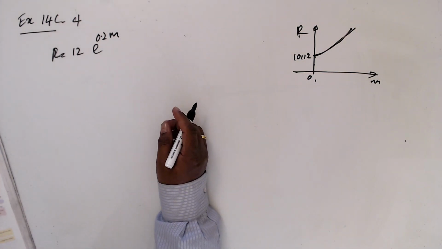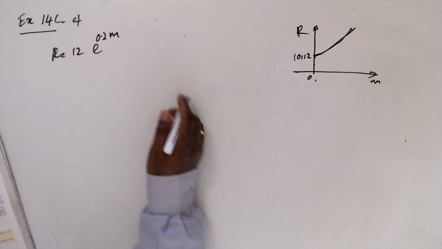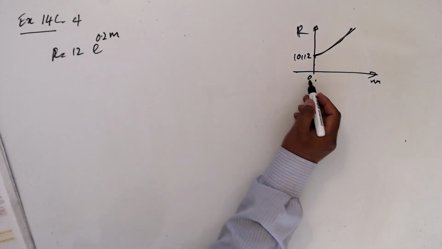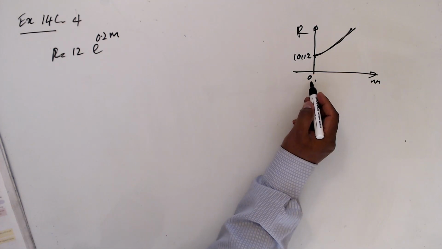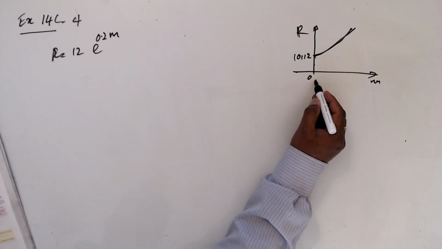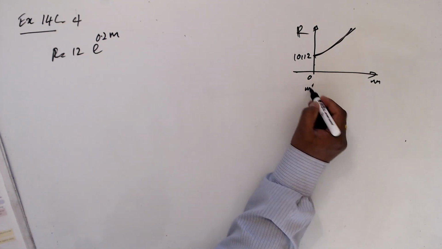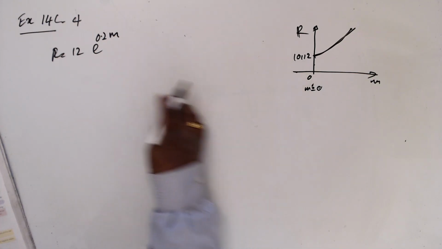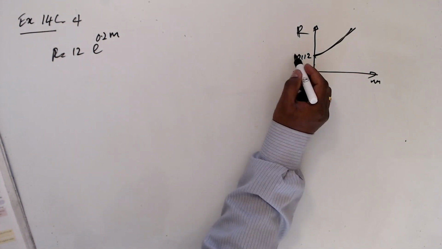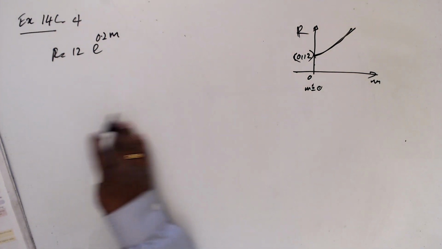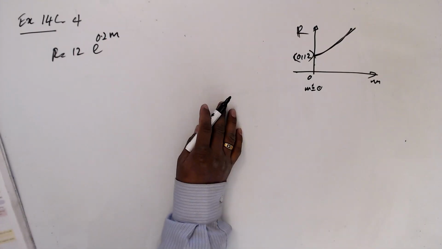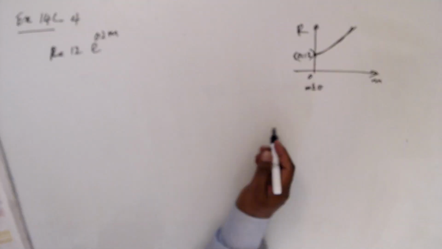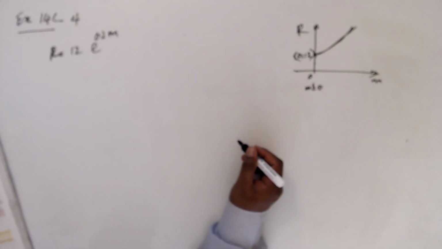Now we want to find the population. So what is this M? M is after M months. So when M equals 0, after no months, initially this is 0, 12. So at the starting point, there were 12 rabbits in the cage, and from that time onward it is measured.